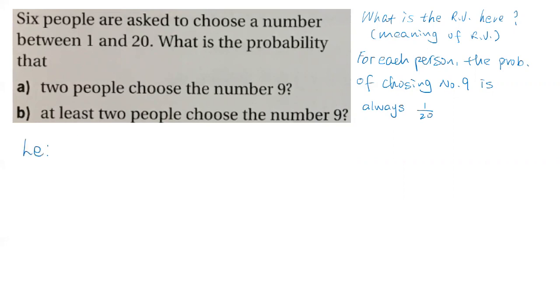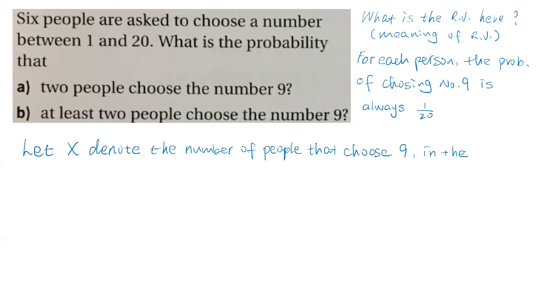Okay, and then we use uppercase X to denote the random variable. So here, let X denote the number of people that choose 9 in the 6 people.